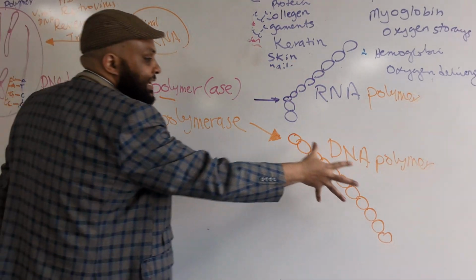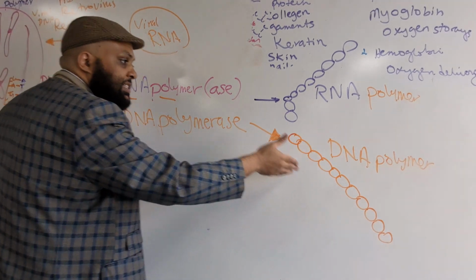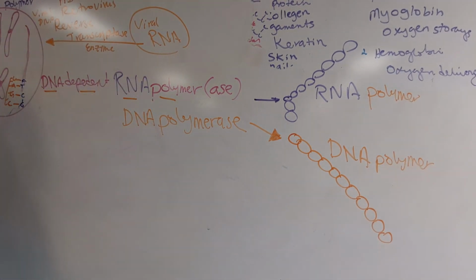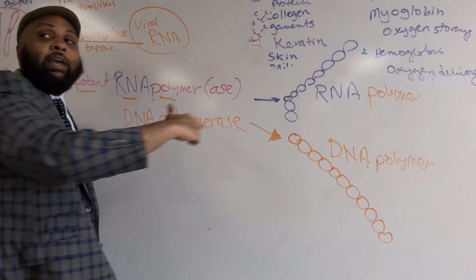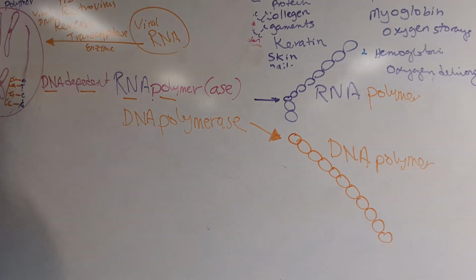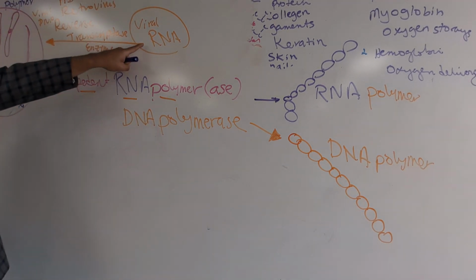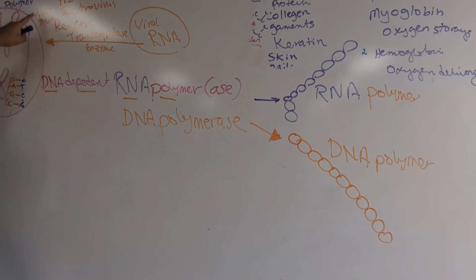If I'm going to make DNA, think no further. I'm going to need a DNA polymerase. That's why they call it DNA polymerase, because it polymerizes DNA. RNA polymerase, because it polymerizes RNA. So here, I'm going from viral RNA in reverse, so I can make viral DNA.